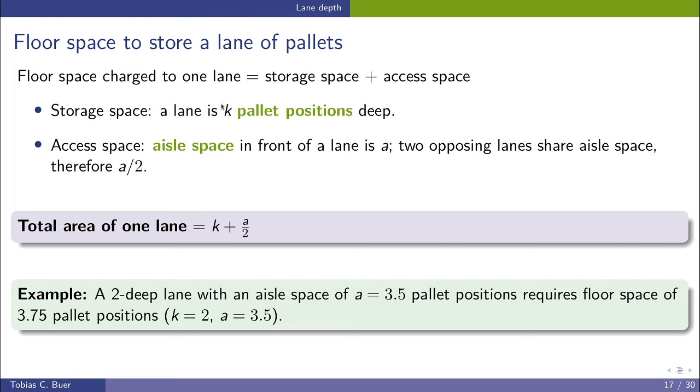We say the pure storage space is k pallet positions deep. So if we store 3 pallets back to back, then this lane is 3 pallet positions deep.